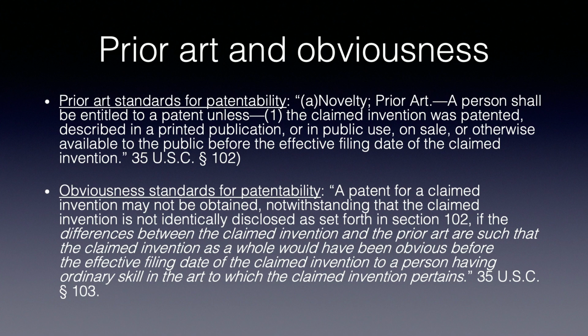And obviousness gets at this in a different way, but what it says, and this is 35 U.S.C. 103, a patent for a claimed invention may not be obtained, notwithstanding that the claimed invention is not identically disclosed as set forth in 102, if the differences between the claimed invention and the prior art are such that the claimed invention as a whole would have been obvious before the effective filing date of the claimed invention to a person having ordinary skill in the art to which the claimed invention pertains.